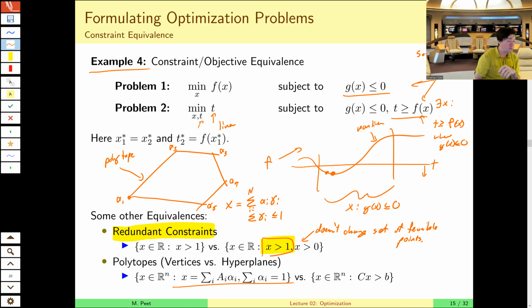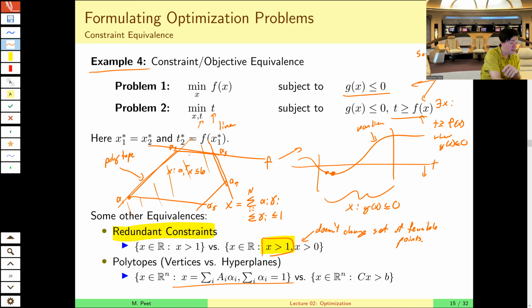An alternative representation of the polytope, however, is to take these hyperplanes or lines and look at the intersection of a bunch of half planes. So this half plane would be, for example, x such that A1 transpose x is less than or equal to b1.